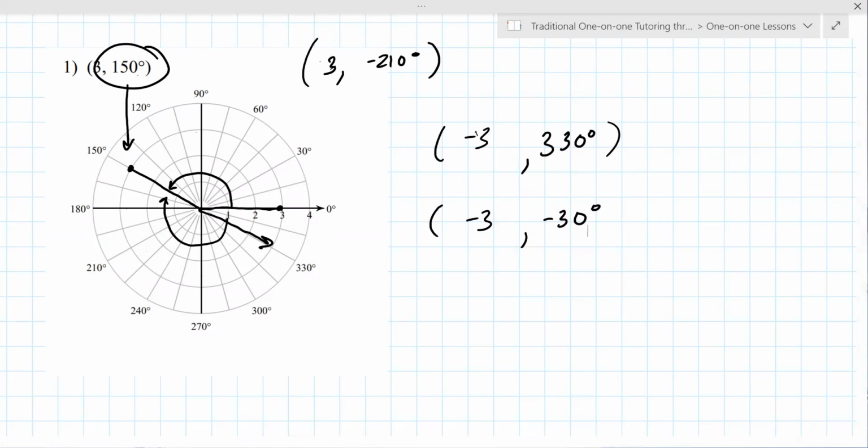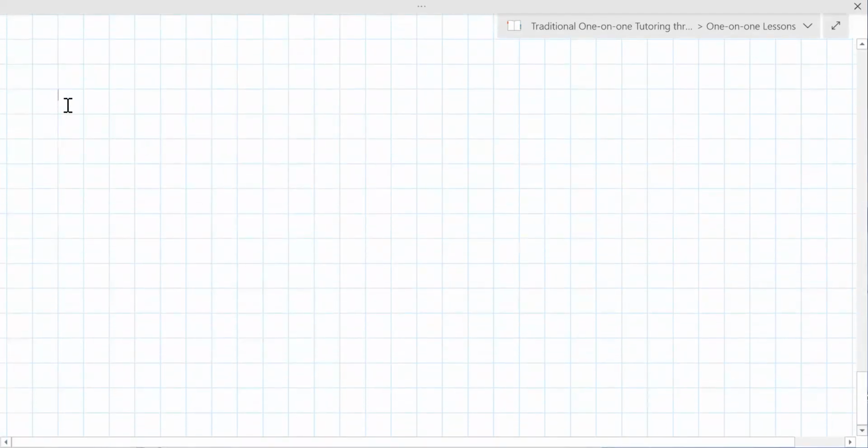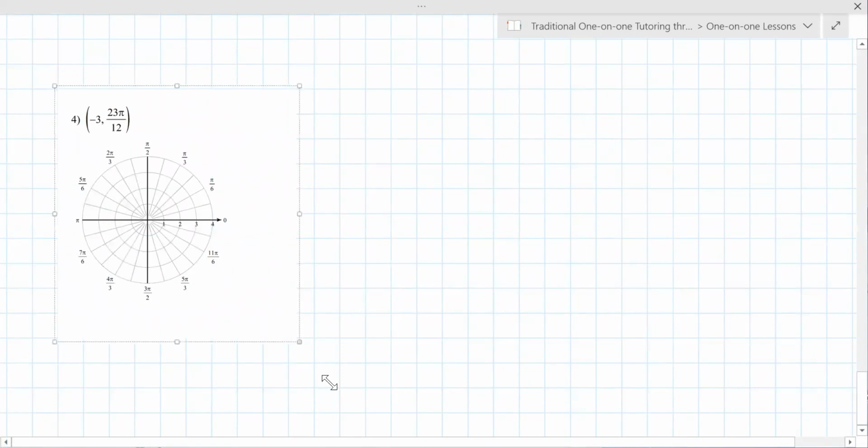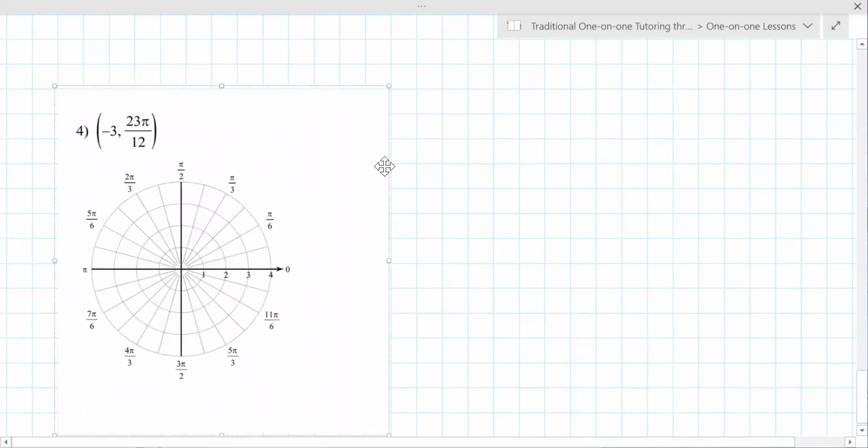For a question like, I guess they don't do that. I was going to say you can actually go all the way around the unit circle, but they don't do that here. But let me grab number 4 here. We'll do the same type of exercise. Okay, so where is 23 pi over 12? If it was 24 pi over 12, it would be 2 pi, but it's just less than that.